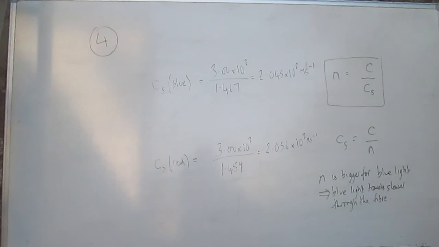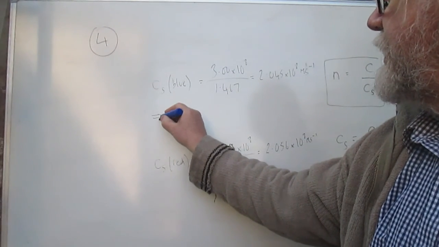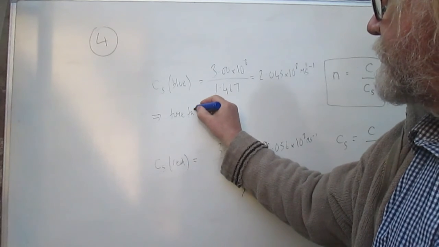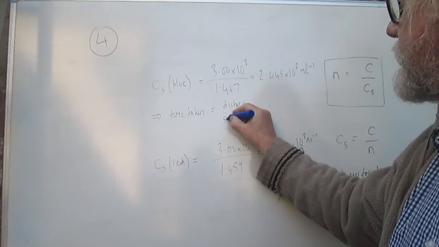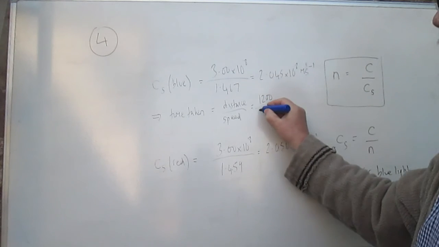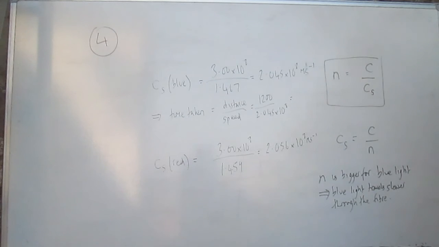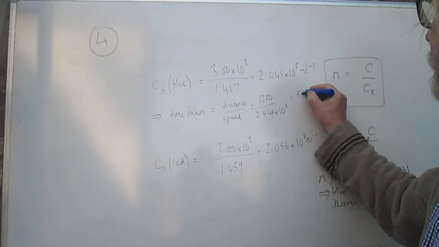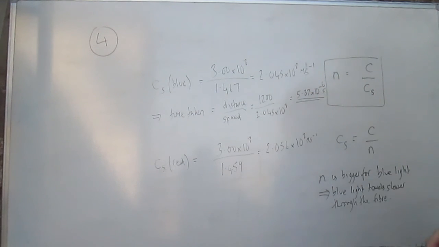And because it told us the length of the fibre is 1200 meters, we can use those speeds to work out the time it takes for the light to get from one end to the other. So in the case of blue, the time taken to go through the fibre is distance over speed, which is 1200 meters divided by 2.045 times 10 to the 8, which comes to 5.87 times 10 to the minus 6 seconds, or 5.87 microseconds.